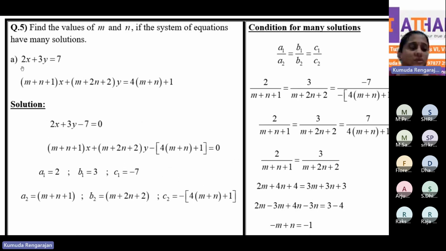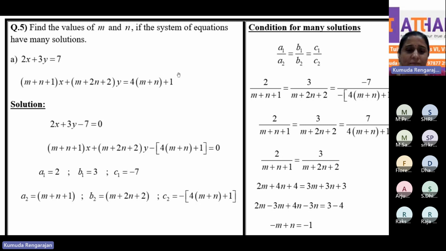So children see here, these are the two equations given. And how do you transpose? See this one, the second equation. You need to bring all the terms to one side. So 7 becomes -7. What about this? Write this as it is and put a square bracket and take it to the other side with the minus sign.